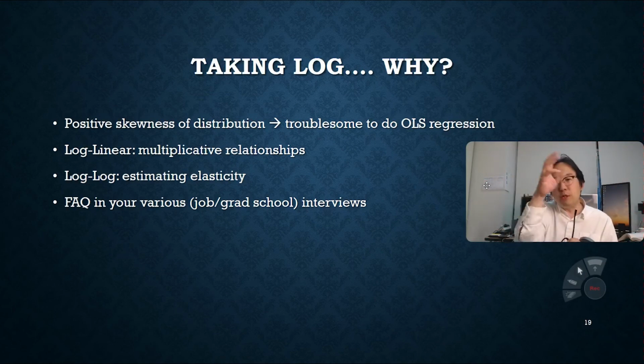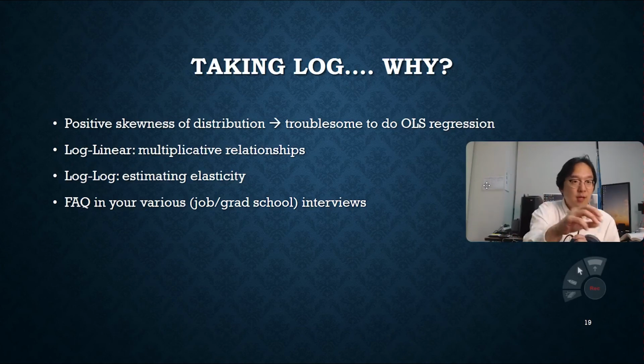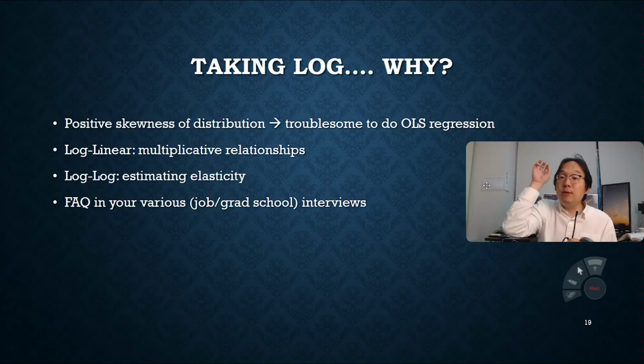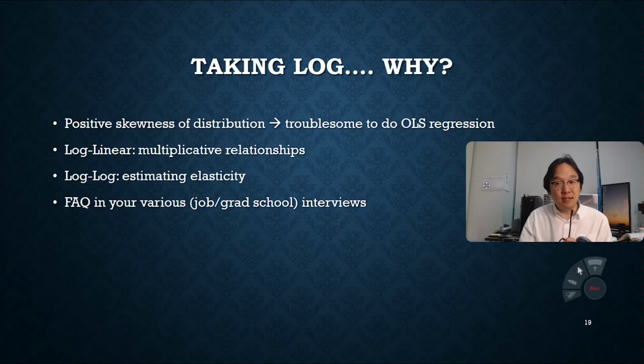It could be both or any of these. But log linear is about the dependent variable. Log-log is about taking log of both the dependent variable and your explanatory variable. We want to estimate the elasticity.